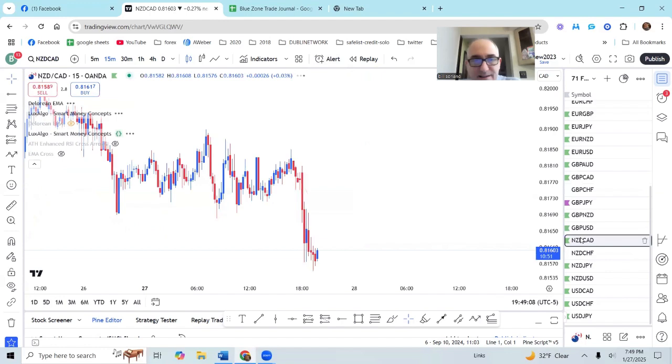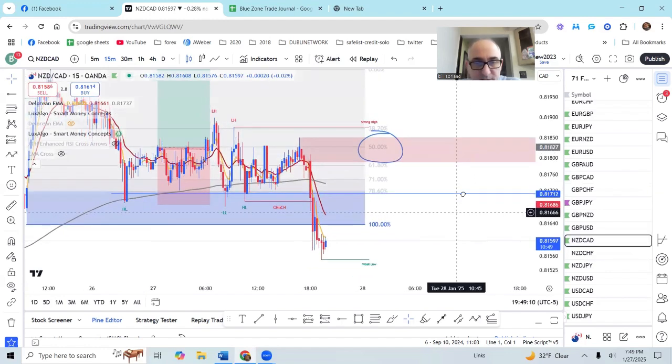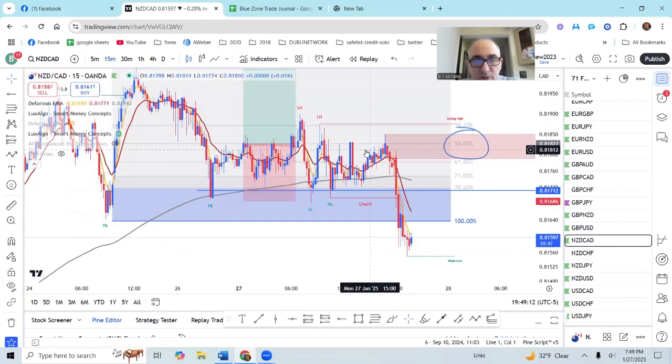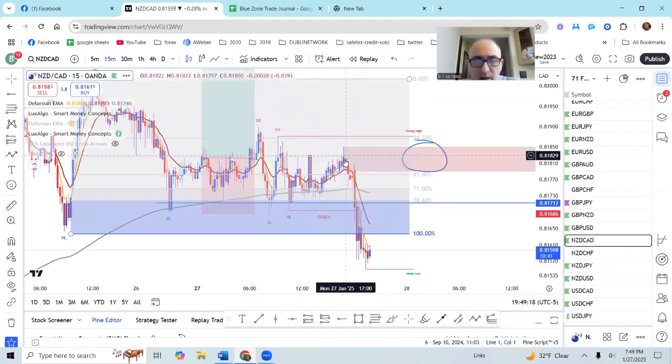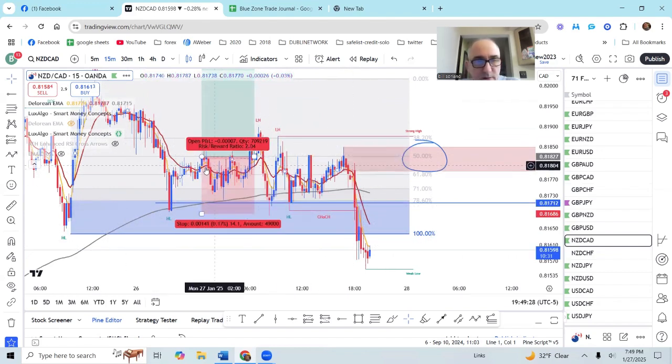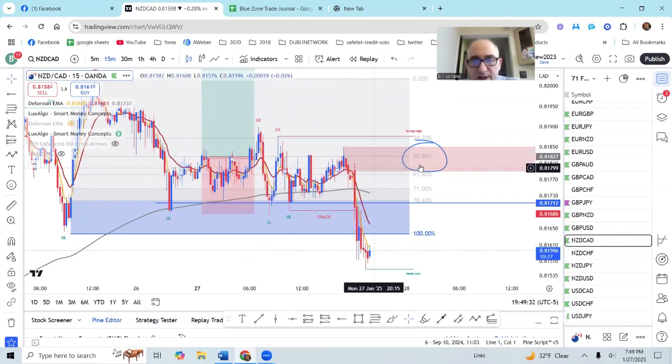Okay, NZD CAD. This one has also gone through. You can see here that it went through the blue zone, invalidated the blue zone, also invalidated the order block since it's disappeared. Now this one, we have a potential trade opportunity right here, but it was right at the 50.